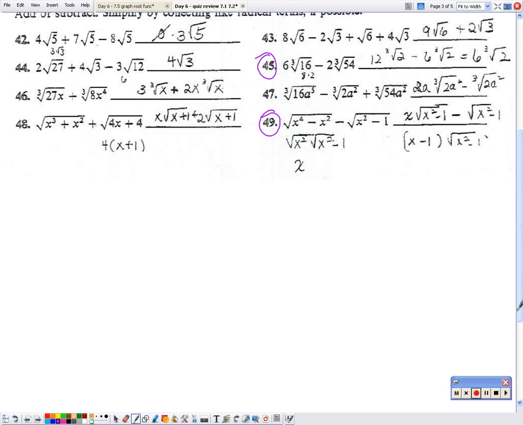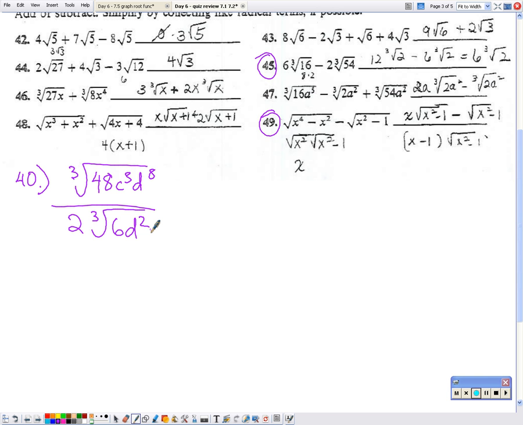All right, number 40 is the cube root of 48 c to the 3rd d to the 8th, divided by 2 cube root of 6d squared. Because these are both cube roots, I can divide. So I'm going to keep that 1 over 2. I don't want to forget that that's 1/2. And now I've got the cube root. Well, 48 divided by 6 is 8.